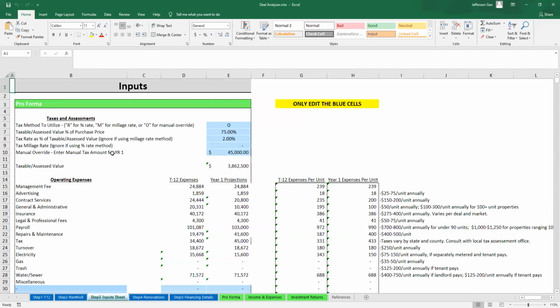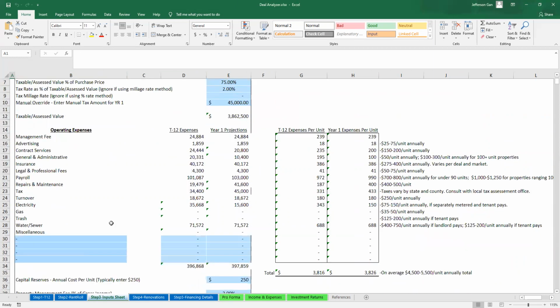Then the main portion of this deal analyzer is all about this input sheet. So the different sections of the expense, as I said, discussing the expense in the T12. So there will be management fee, advertising, and all these major categories on the expenses. So these are the T12.